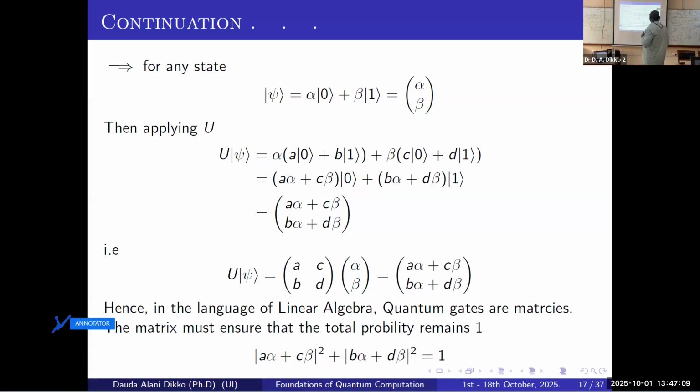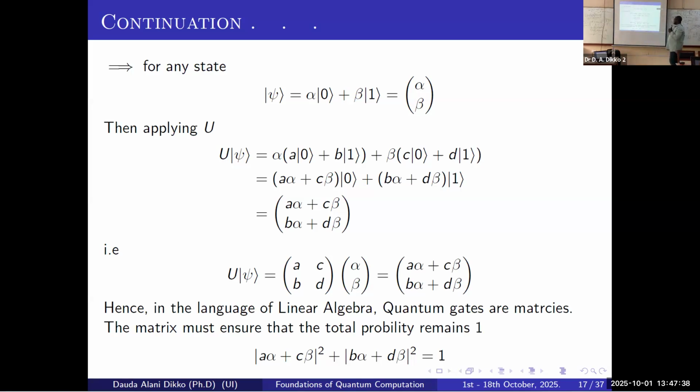So then, applying U, given any state phi, our ket state, if you apply U on it, that action gives us the superposition, and we have it as alpha times the whole of this, beta times the whole of this. Now, if you simplify, you get a matrix written as this one.